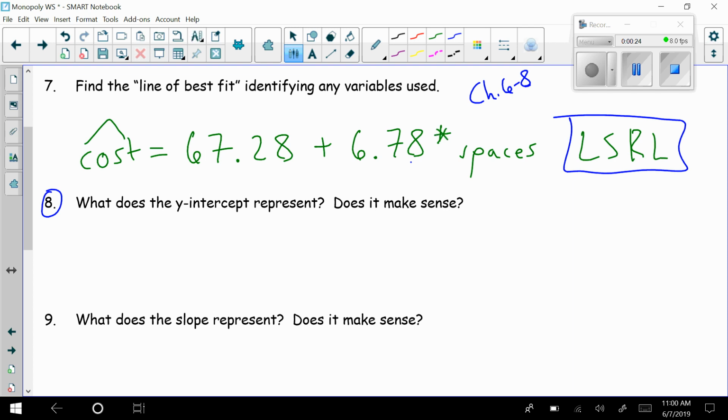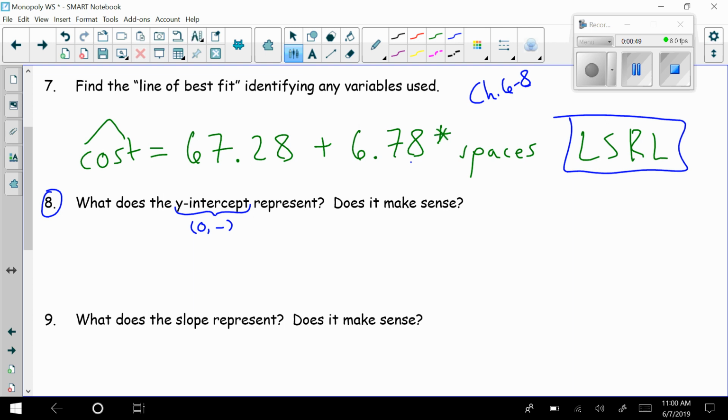Does it make sense? Well, the y-intercept represents an x of 0, right? In general, the y-intercept, mathematically speaking, is 0 comma some number. So in our context, x is spaces.